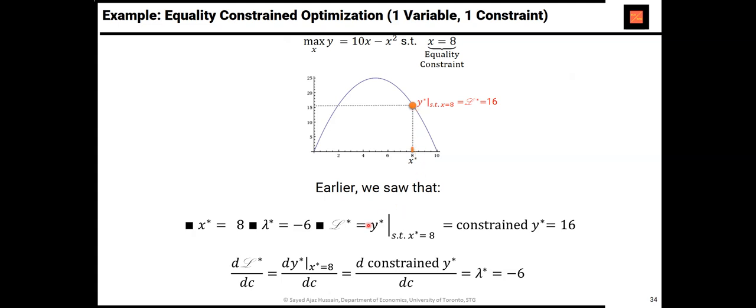And the answer is, loosely speaking, for every time you change the constraint C by 1 unit, this y star will fall by 6 units. So loosely speaking, these are not small changes, but if instead of saying x is equal to 8, you now said x is equal to 9, the y star would fall by 6 units. So y star would go from 16 to 10.